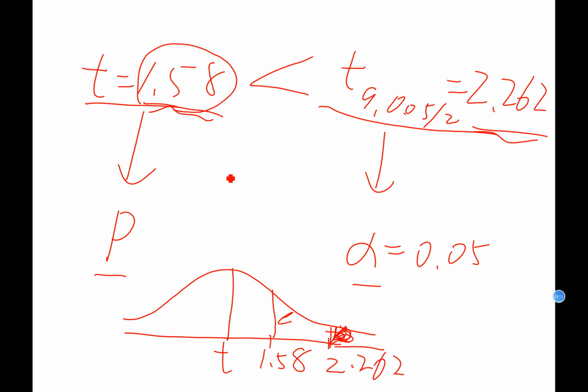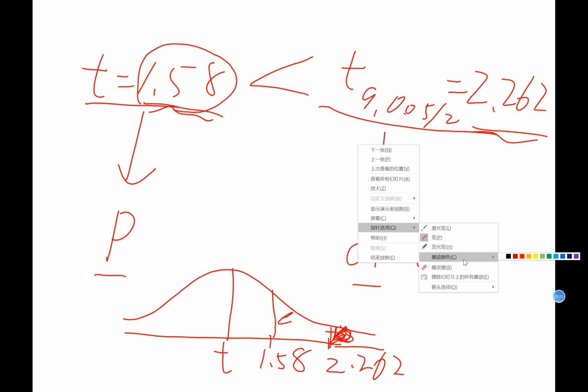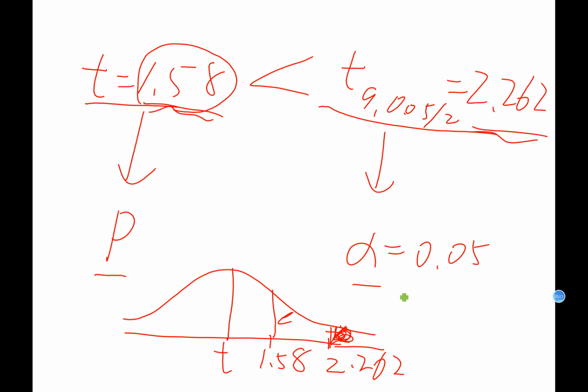So we find that the area of 2.262 is this part to the right side. The probability of 1.58 is also to the right side, but its area covers the area of 2.262.